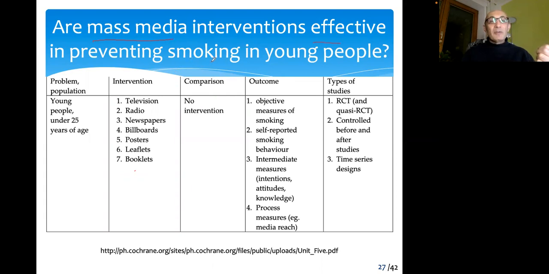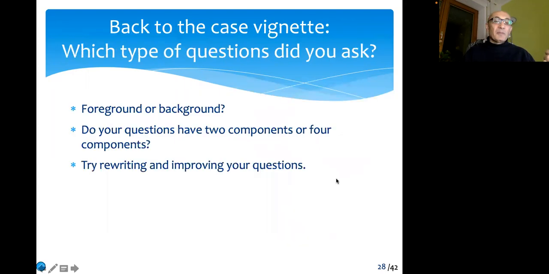Effect in preventing smoking in young people. If you want to extend the PICO to PICO-T, then what kind of studies could you do to answer this question? You could do preferably an RCT, because the RCT was in the evidence pyramid above somewhere. Okay, good.